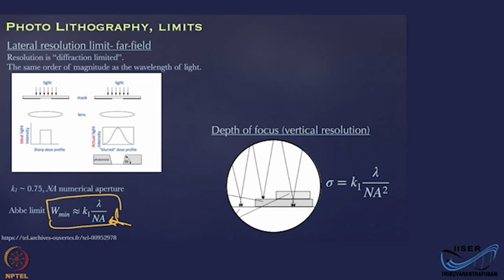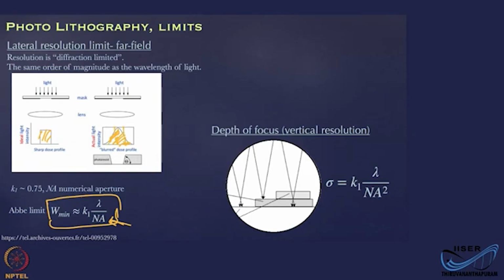So what you wanted is something like this, but what you are going to get is something like this, because of the diffraction. And it not only spreads the pattern, it also gives non-uniform intensity, and how the pattern is developed also depends on the region. For example, the center part will get more dose, whereas the edges will get less dose.